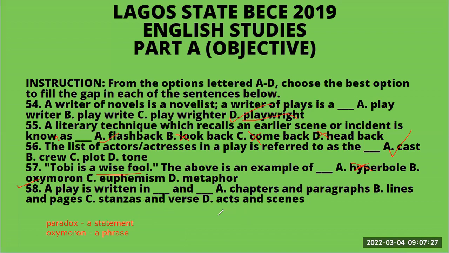Then the acts and scenes. This is correct. A play is written in acts and scenes, act 1, scene 1, and so on and so forth. All right, so that is the way it is. So let's undo these marks and go to the next slide, and then we take a look at the next thing, okay?